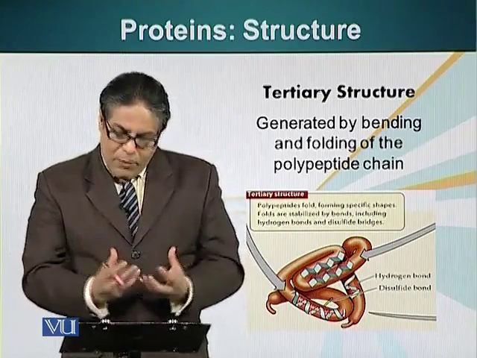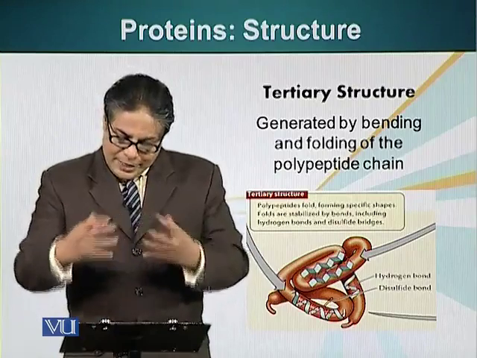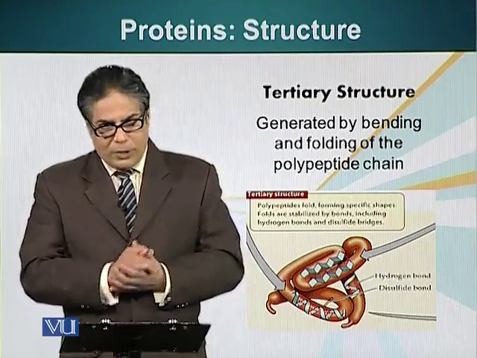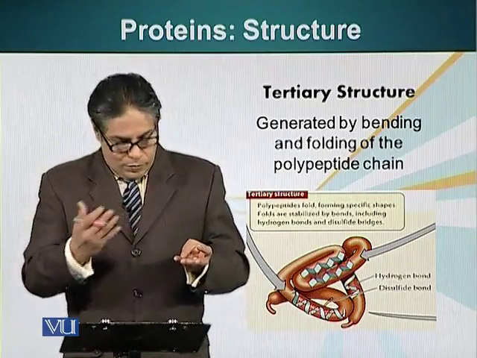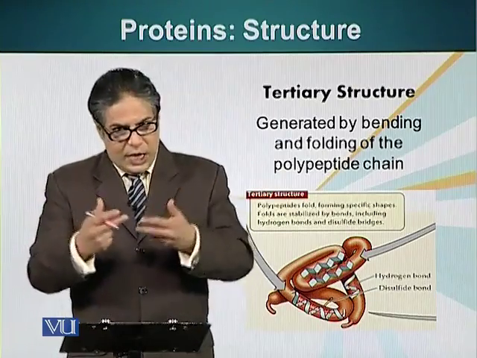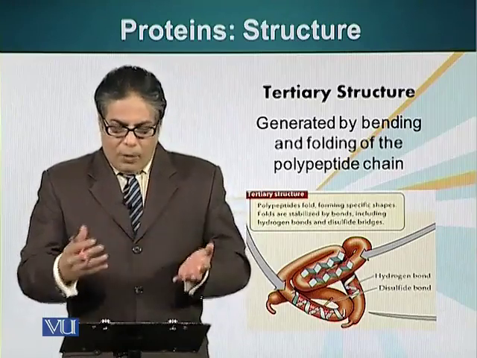This folding of a protein upon itself can be stabilized by all types of different bonds that we have talked about: hydrogen bonds, covalent bonds, the sulfur atoms of cysteine forming the disulfide bond, and also ionic interactions.